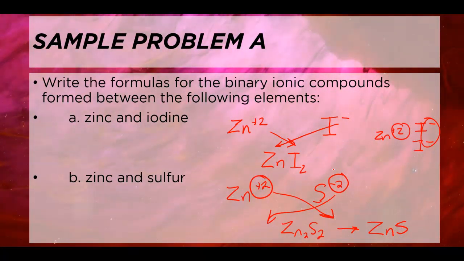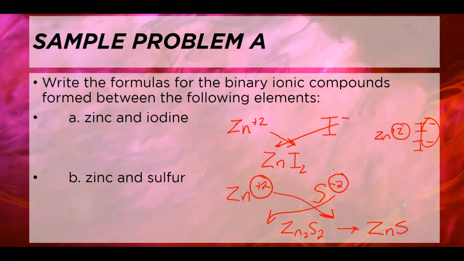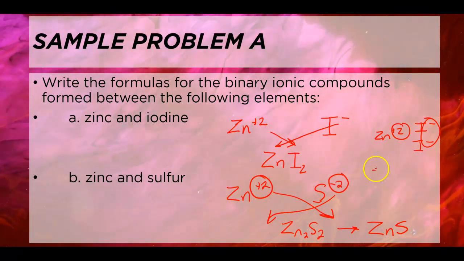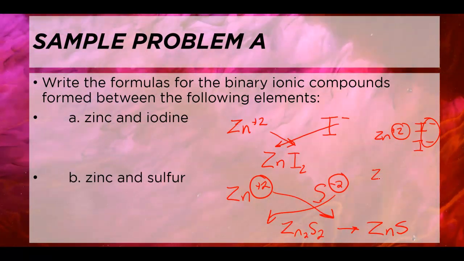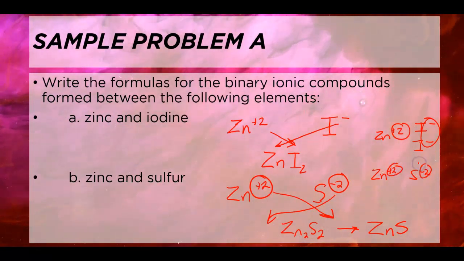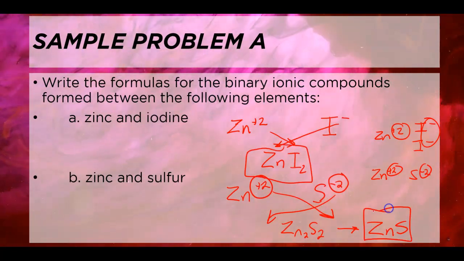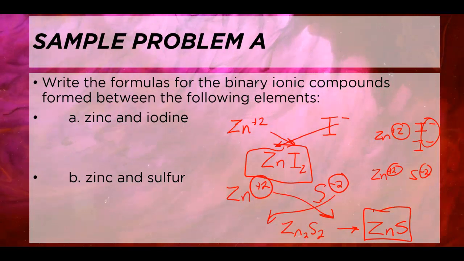Whenever they're a perfect match, +2 and -2, I can just put the cation and anion together. So you can see that Zn +2 and S -2, the +2 cancels out with the -2. So those are my two answers for the formulas in sample problem A.